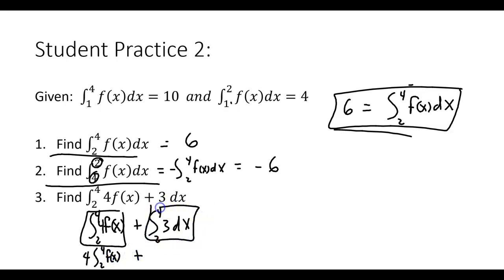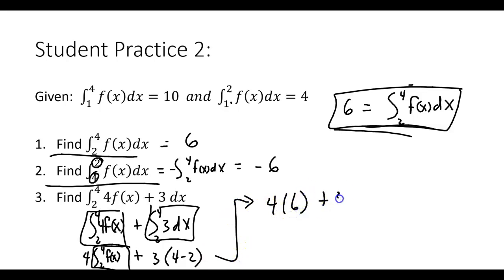Here I can apply property 6. Here I can substitute that with what I know 2 to 4 to be, which is 6. So now we've got 4 times 6 plus 3 times 2, which is 24, plus 6, which is 30. And there's our final answer.